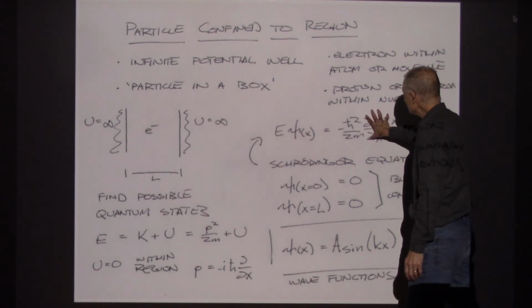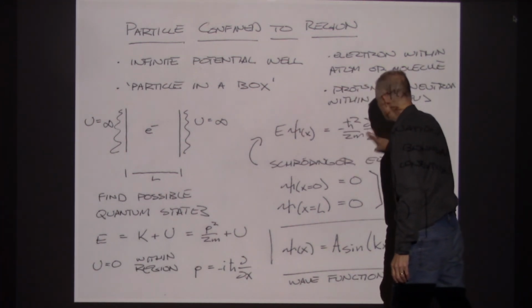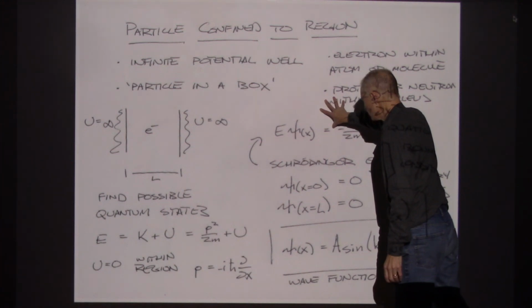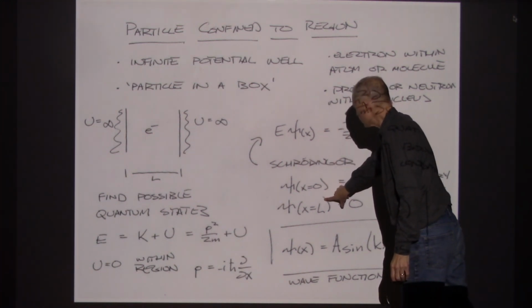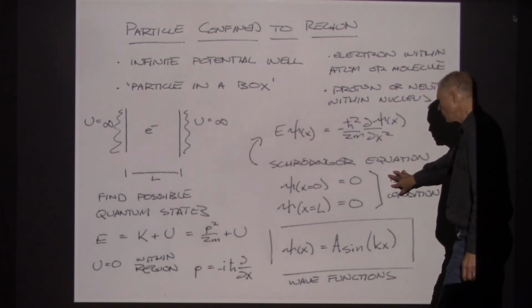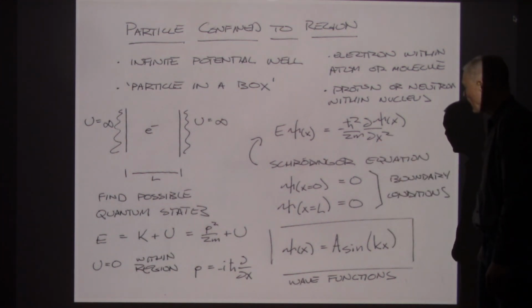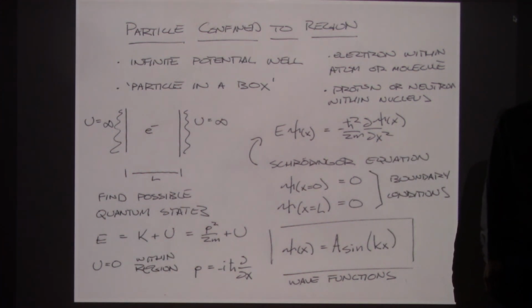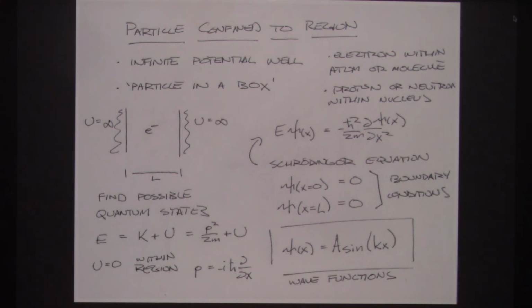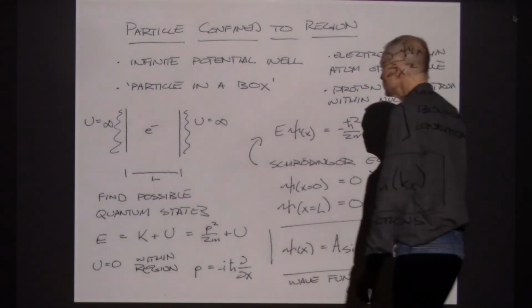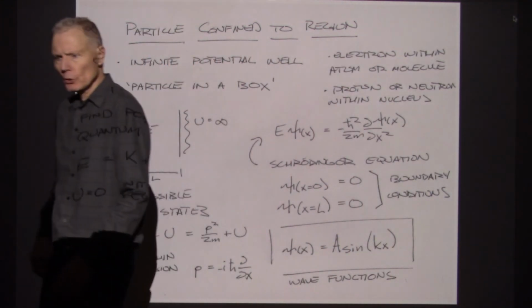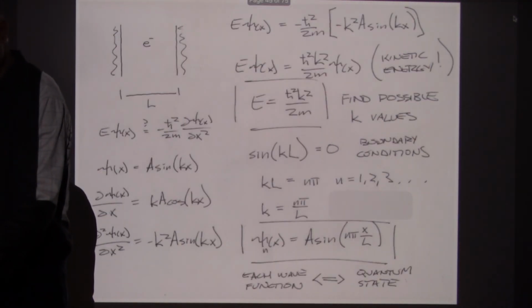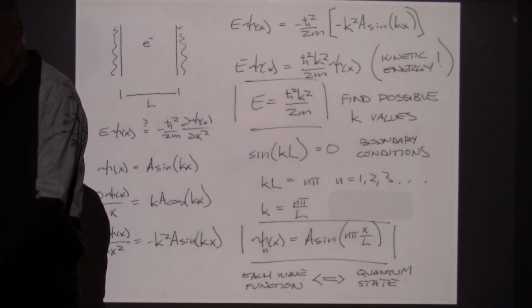So not only does the wave function have to meet this requirement, but at the edges the wave function has to go to 0. It turns out that the sine functions are what solve for this particular situation. Okay, so this is the mathematics behind all of that.